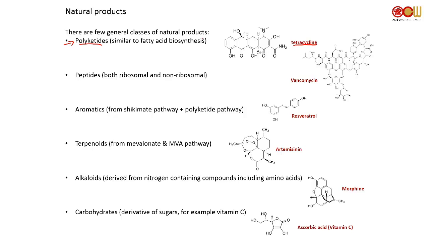We'll talk about that. You also have peptides, both ribosomal and non-ribosomal. I'll show you what non-ribosomal peptides are, but essentially they are just enzymes taking amino acids as substrates and hooking them up, not through the central dogma.